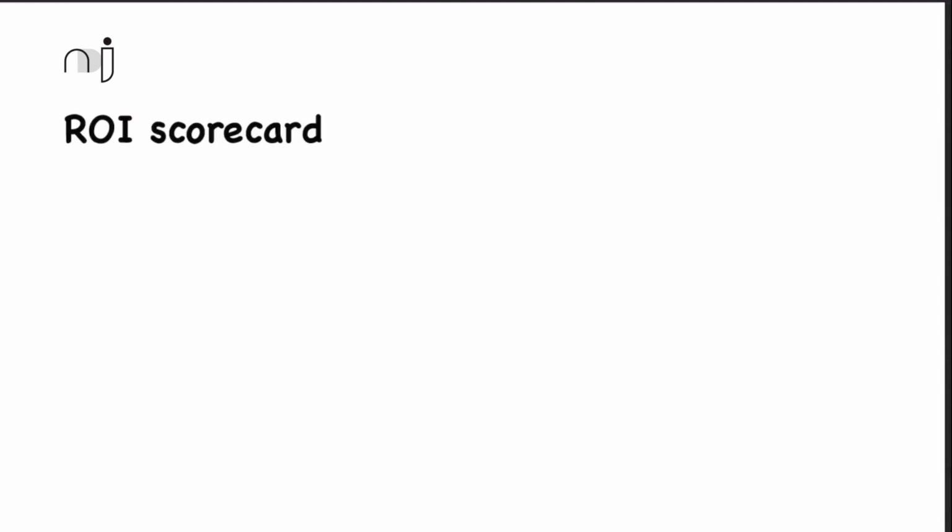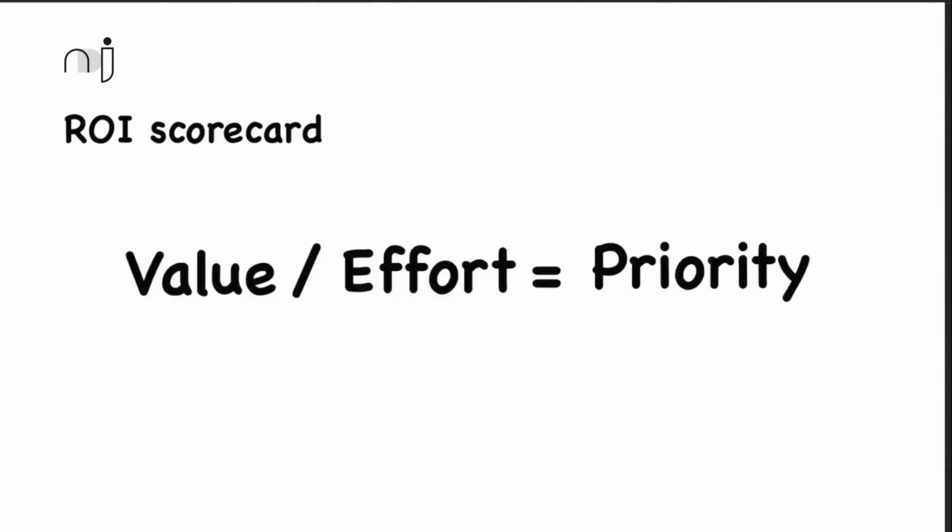The ROI scorecards utilize the formula value divided by effort equals priority to calculate return on investment and help quantify finer differences in priority. The value represents the benefits the customer or the company gains from a proposed feature or change. Here, we define the value as customers' needs and company's goals.